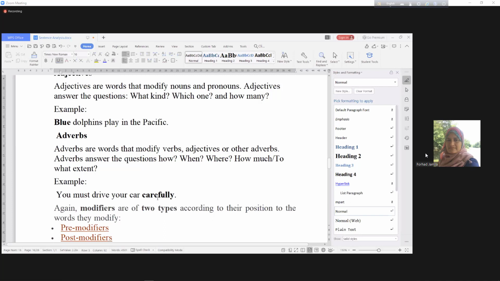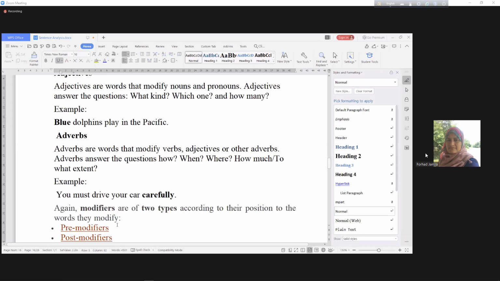Again, modifiers are of two types according to their position to the words that they modify. আমরা প্রথমে এমনি তারা কাকে মডিফাই করছে তার উপরে ভিত্তি করে আসলে এই দুই ধরনের পেয়ে থাকি। এখন হচ্ছে কি তাদের প্লেসের উপরে, তারা কোন জায়গায় বসে সেই প্লেসটার উপরে তাদেরকে দুই ভাগে ভাগ করা যায়। ওয়ান ইজ কল্ড প্রি মডিফায়ার, অ্যানাদার ওয়ান ইজ কল্ড পোস্ট মডিফায়ার। Okay, so I think you will understand these two also very well because the types of position are mentioned here.